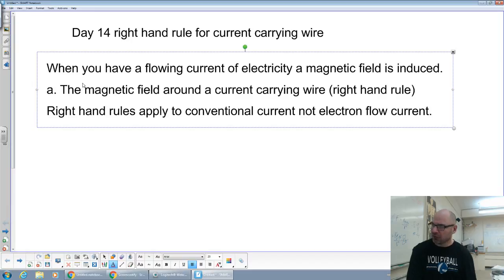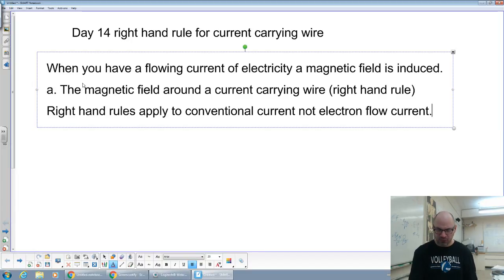Conventional current assumes that the positive particles are moving and that the positive lead in the battery is live. Electron flow current says electrons move the other way around. We use conventional current because that's what is out there in the electrical field.